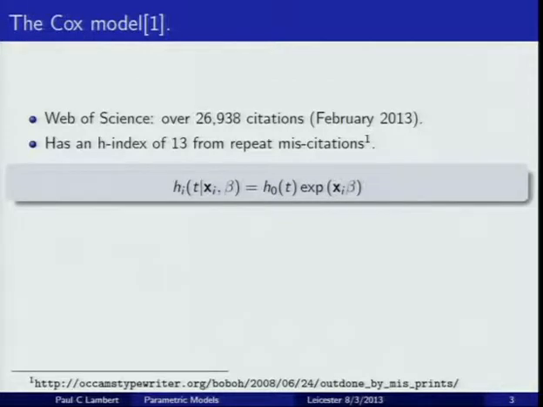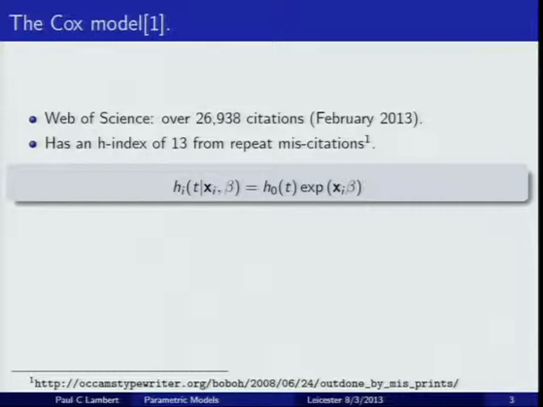So what this means is people want to cite the paper, they look up how someone else has cited it previously, copy that citation, and then it gets carried on. And what the H index of 13 actually means is that the 12th most common miscitation has itself been cited at least 13 times. Many of us may not even have an H index of 13 on our own. So I think that speaks volumes.